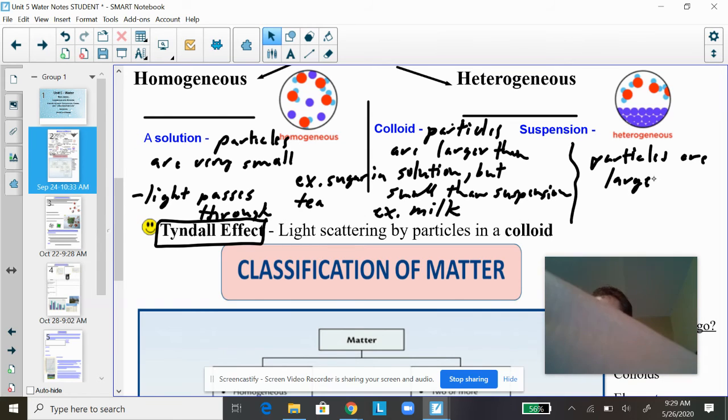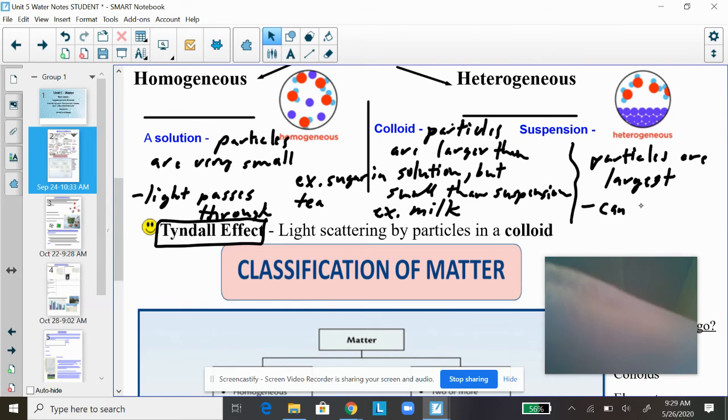You can imagine that when particles get so large, they don't show the Tyndall effect because the light doesn't pass through it, right? So imagine dirt in water. Eventually, there's so much murkiness that it doesn't show the Tyndall effect. Okay, you can't see the scattering of light.